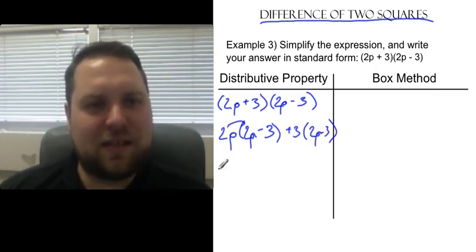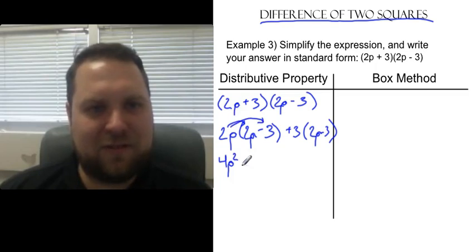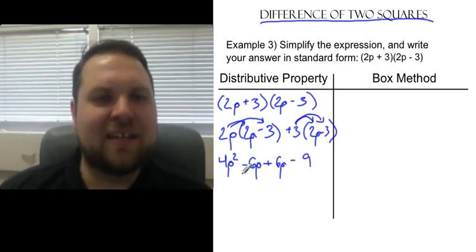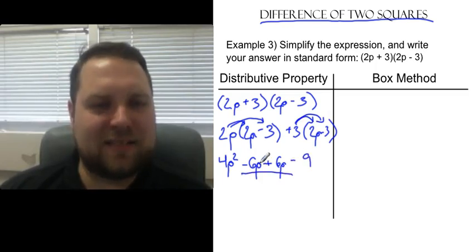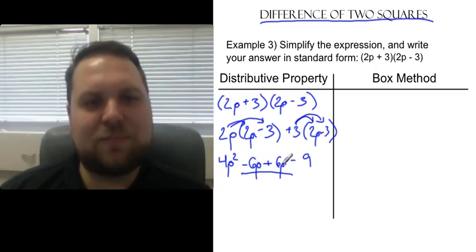2p times 2p is 4p squared. 2p times negative 3 would be minus 6p. Positive 3 times 2p would be plus 6p. And then 3 times negative 3 would be minus 9. Our middle terms will combine as they so often do, but negative 6p plus 6p is 0.